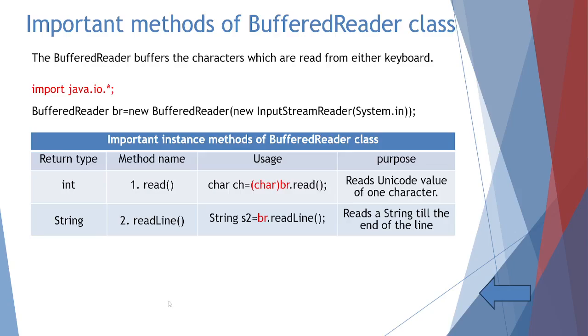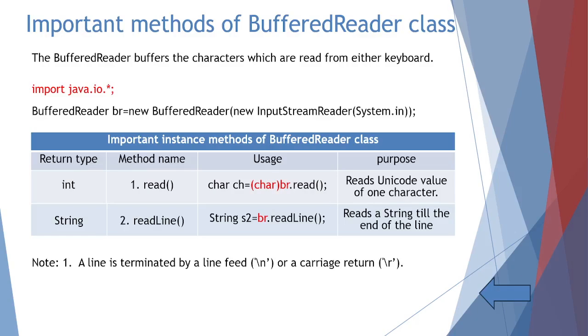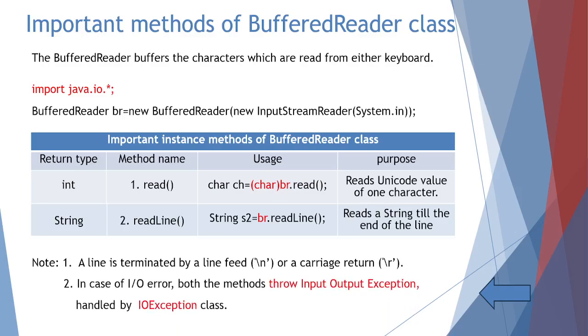But for this class, first of all, a line is terminated with \n or carriage return, that is for the printer. The second thing is very important: in case of any input or output related error, both the methods, read and readLine, throw an IOException. An exception means a runtime error, which will be handled by the IOException class.